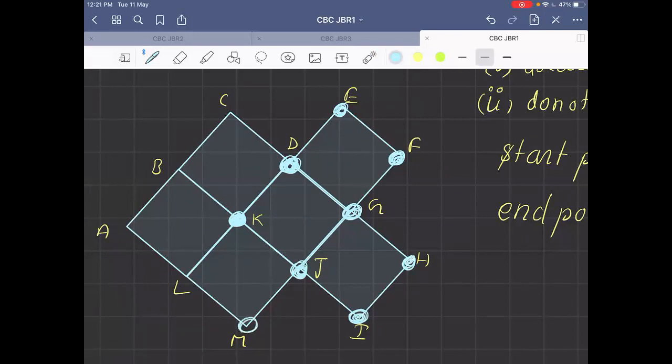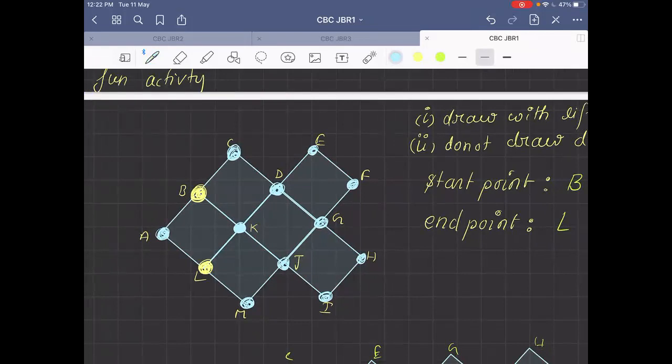Can you tell me, at whatever point I'm marking, are there an even number of lines connected? Yes or no? And there is a yellow type of point which has 3 lines connected, meaning odd numbers. Can you see that? Blue even and yellow odd.